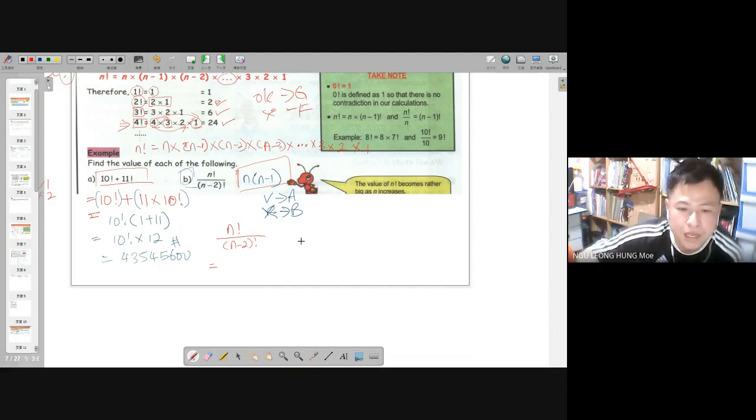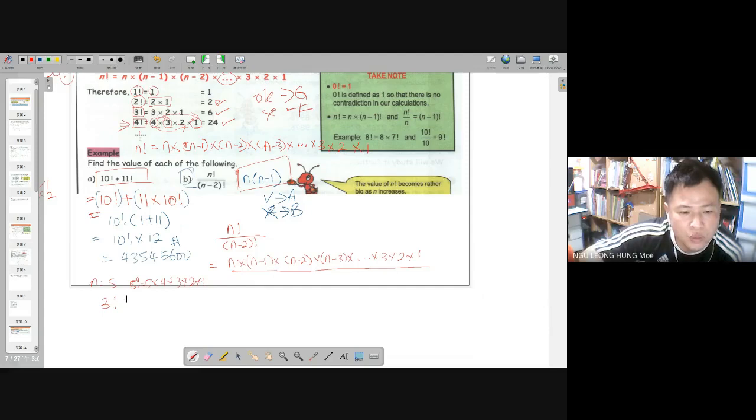B, okay. You see, as I say, n factorial will become n times n minus 1 times n minus 2 times n minus 3 and so on until 3, 2, 1, right? However, n minus 2 factorial, let's say n equal to 5, so 5 factorial will become 5 times 4 times 3 times 2 times 1. How if n is still 5 and then I say 3 factorial?